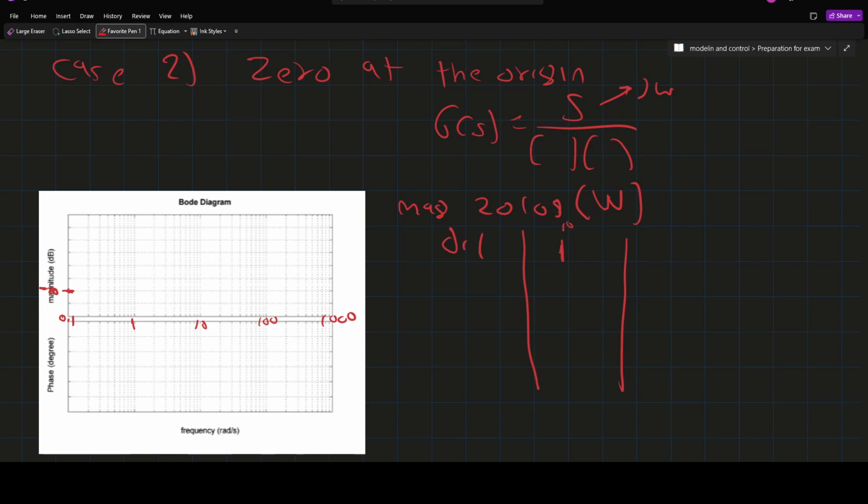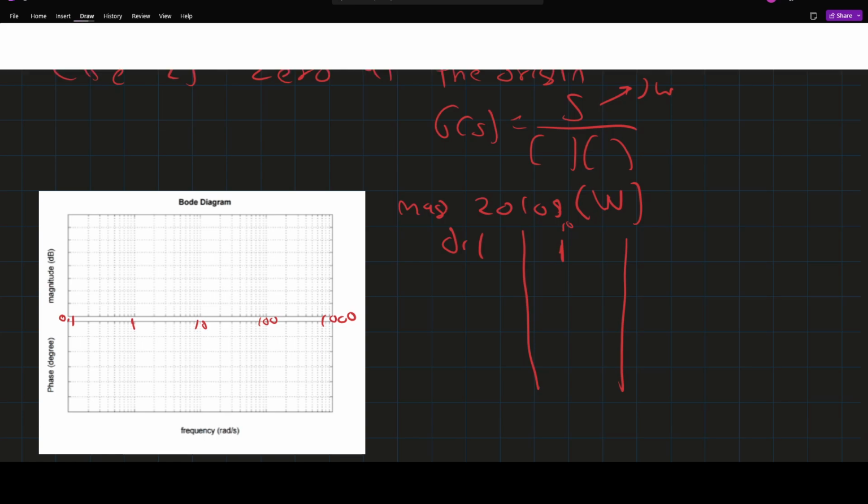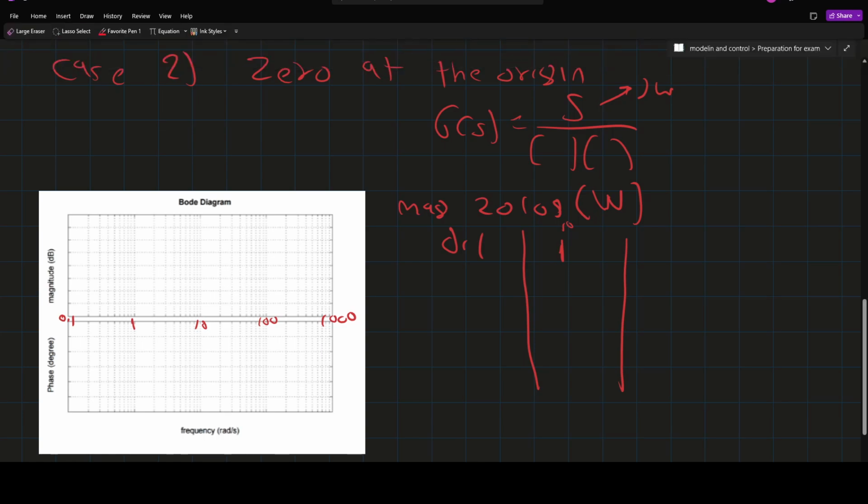20 log 1 is equal to 0. So let me draw it better. Let's say that here we have our 0. Over here we are going to have our minus 20, and over here our plus 20.